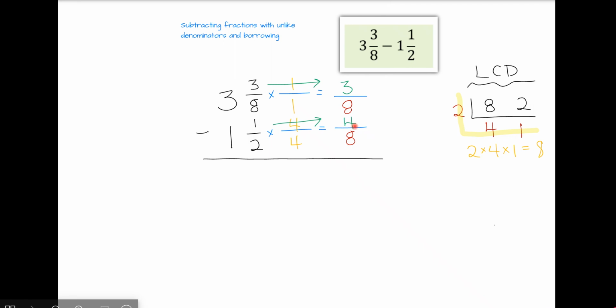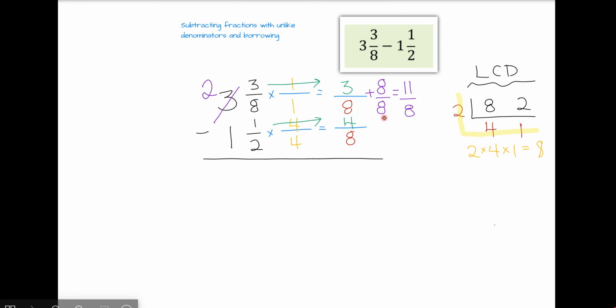The next step is to subtract the numerators, but 3 is less than 4, so we need to borrow just like in regular math. And so I need to borrow a whole, so that's 3 becomes a 2, but a whole over here, we need it to be a fraction with that matching denominator. So our new fraction after we borrowed is 11 over 8.